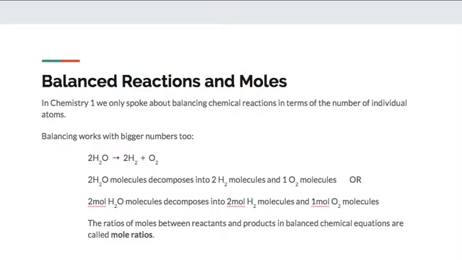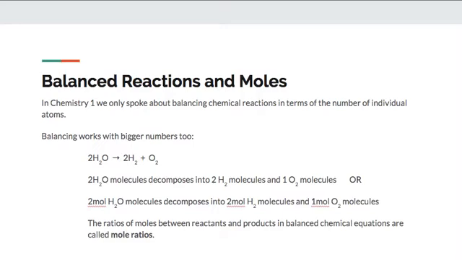If we multiply the entire equation by basically the number that is a mole, it just means that we have a lot of molecules, and that we're having a mole of molecules.